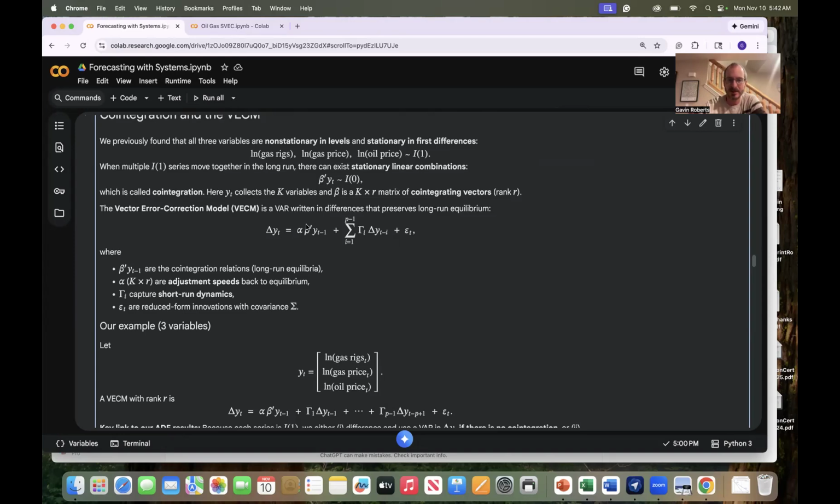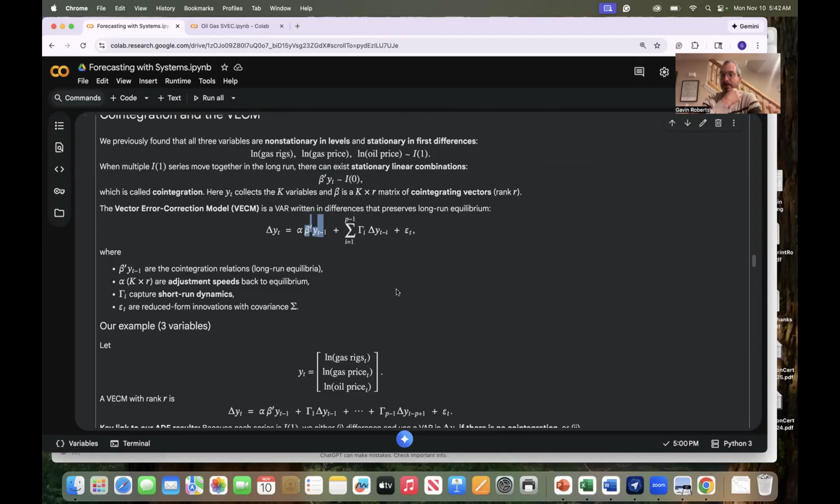What's different now is we're adding this new term. So notice here, this part is that long-term co-integrating relationship right here. So we embed that into the regression. Now, what if it's not holding? What if we get a deviation from that long-term relationship?